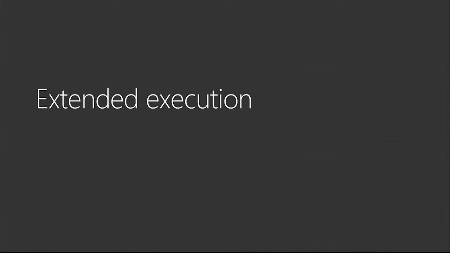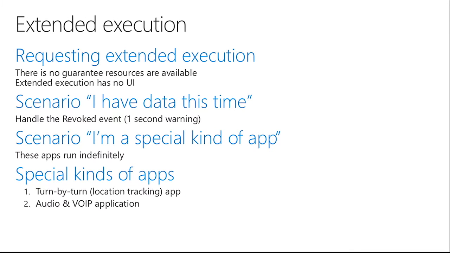Right, lastly, the extended execution. So requesting extended execution. This is brand new for desktop. We had scenarios of this, like turn-by-turn location tracking, last seen in Silverlight on Windows Phone 8.0. Yeah. Well, you can do it now. It's back and it's in UWP.